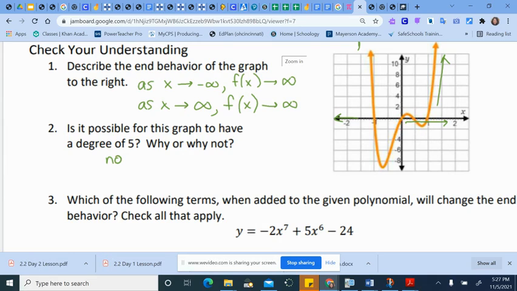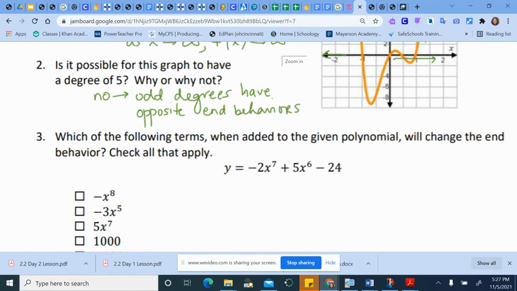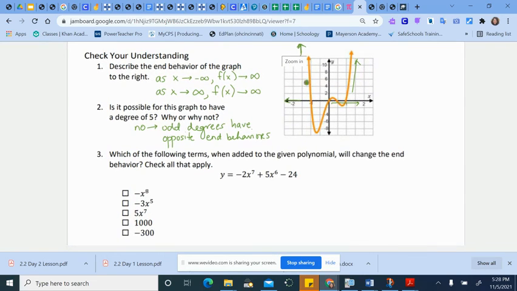No. Odd degrees have opposite end behaviors. So nope, that won't work. Since both the ends are going up, it cannot be an odd degree.